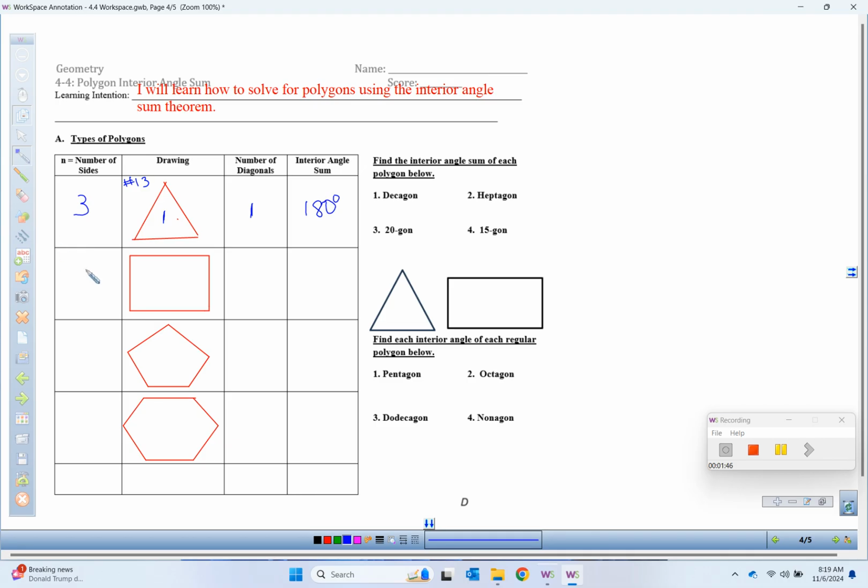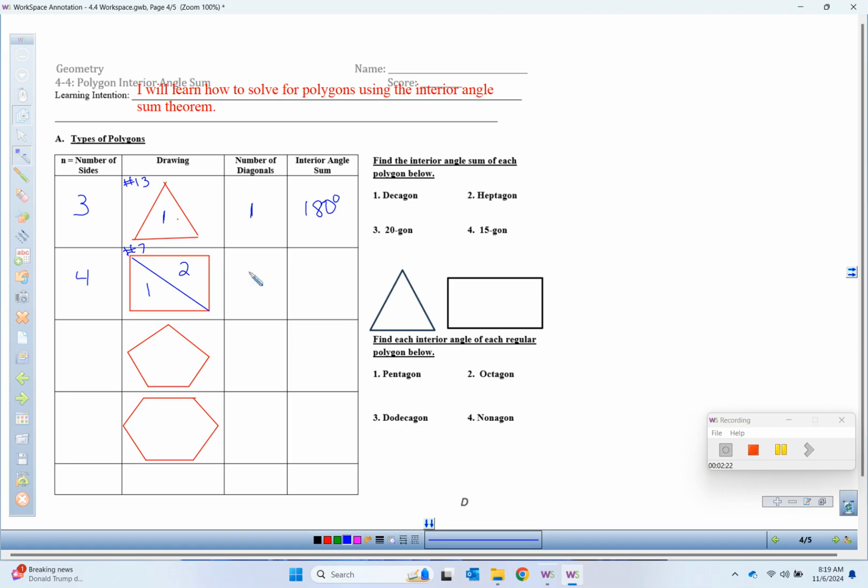So the next one I'm going to use is a four-sided polygon. This is number 7. So if you'd like to use number 7 on your geometer and get this one down. So if I were to connect this one from vertex to vertex, or divide it in half, I would get 1, 2.